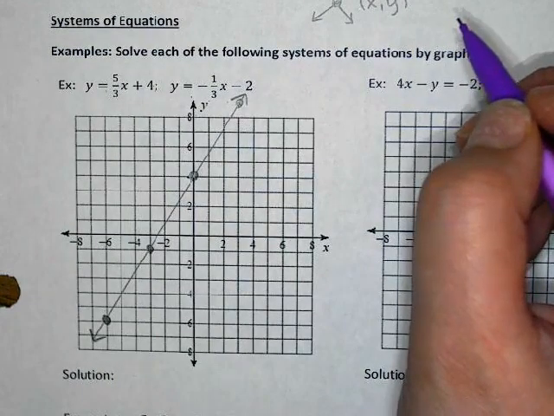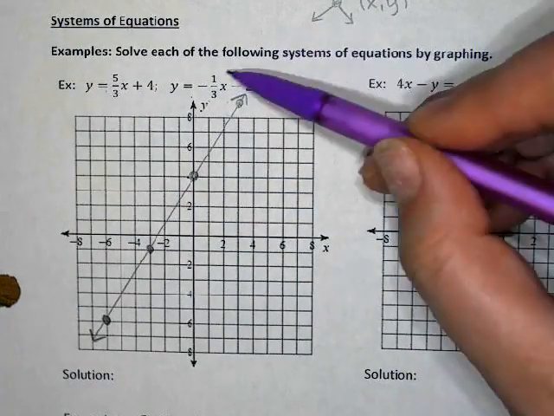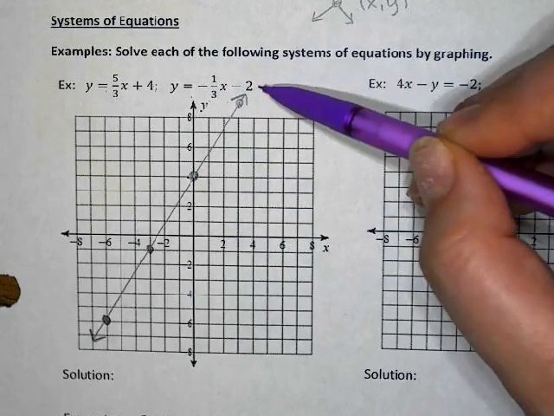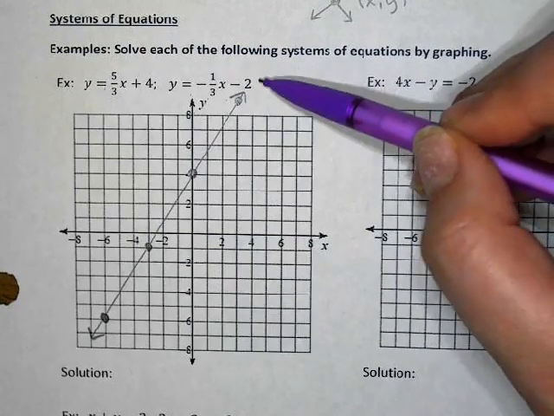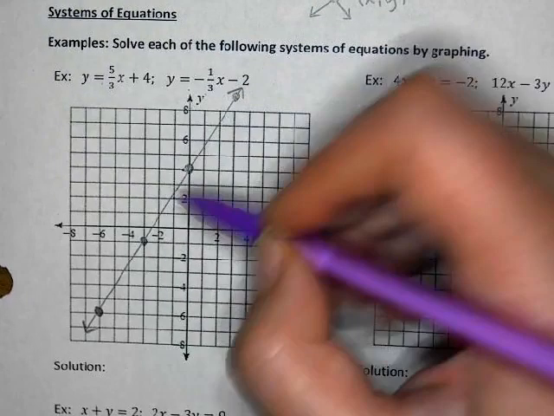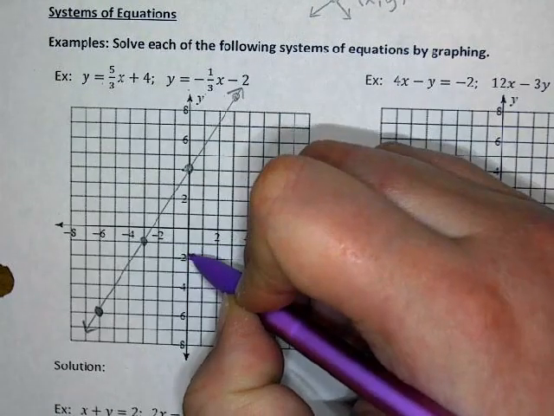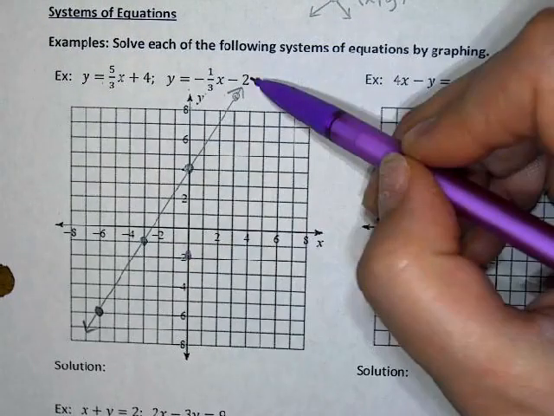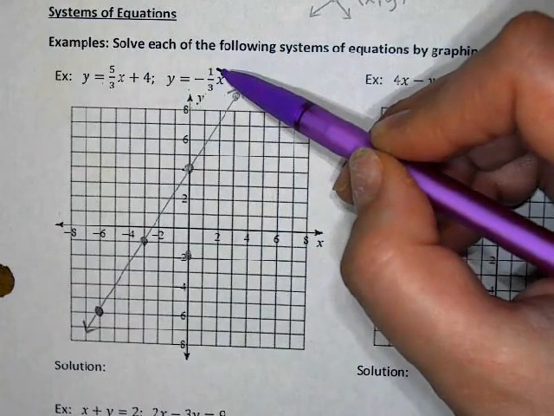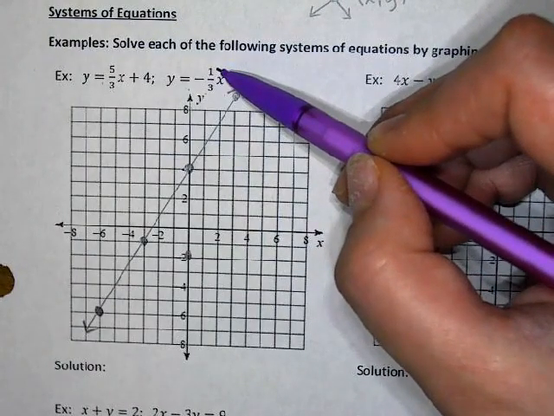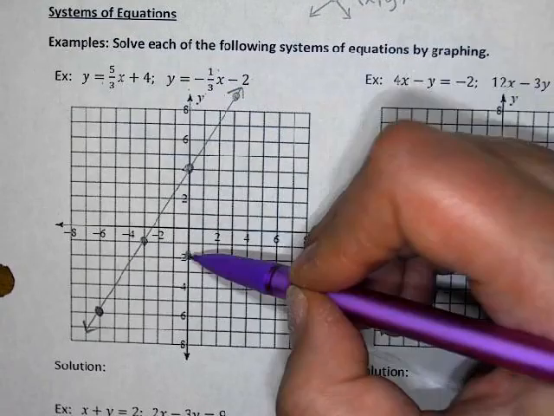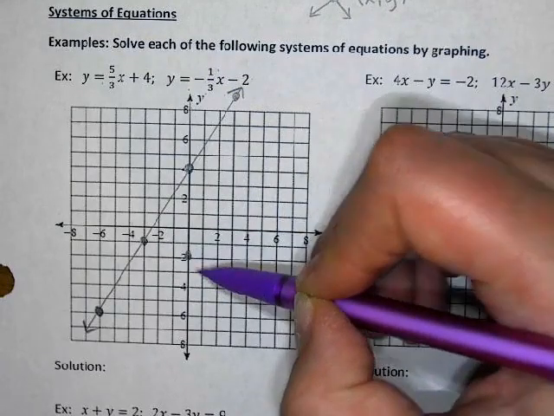Okay, the other one says negative 1/3 x minus 2. So where do we start that line? Negative 2. And then the slope says negative 1/3. So how do we draw that slope? Down 1 to the right 3.